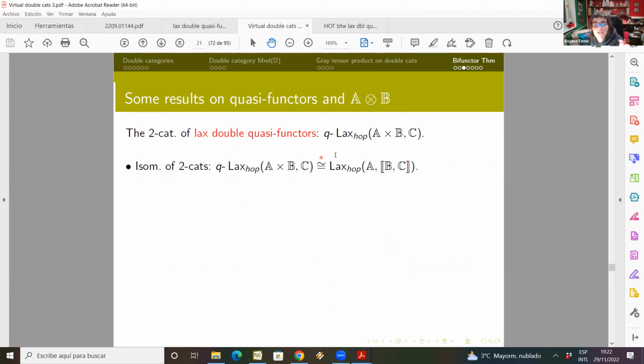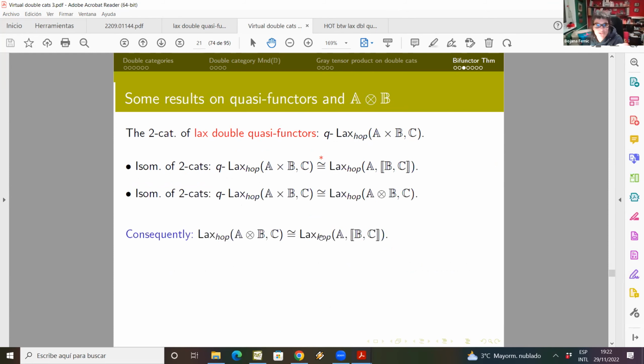Instead of writing lax here, he has another sign because it stands for strict two-functors. He gets another product which is constructed in some completely different way that I don't understand, but it's really different stuff.